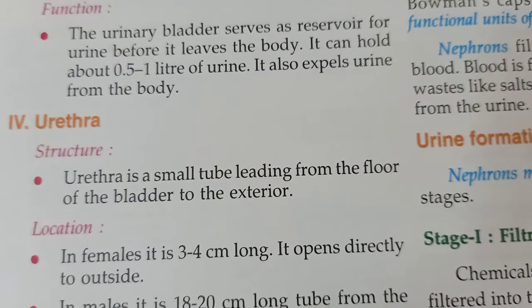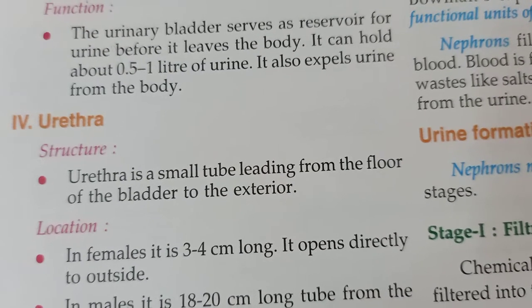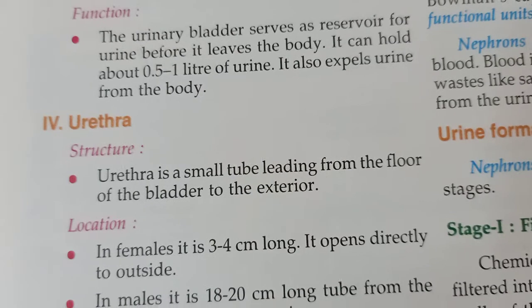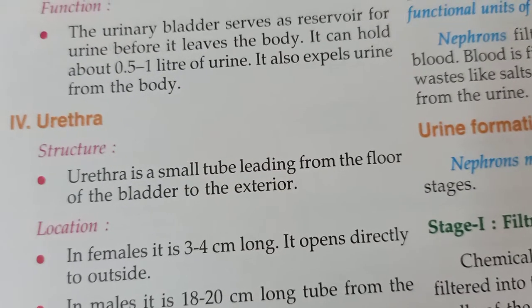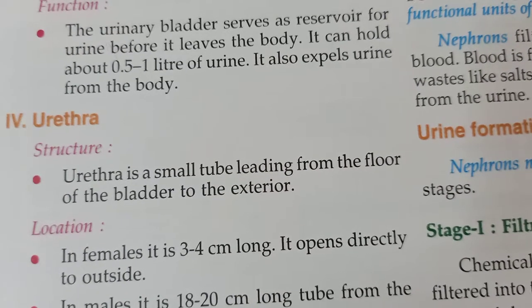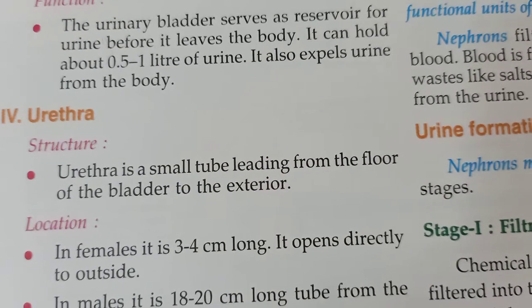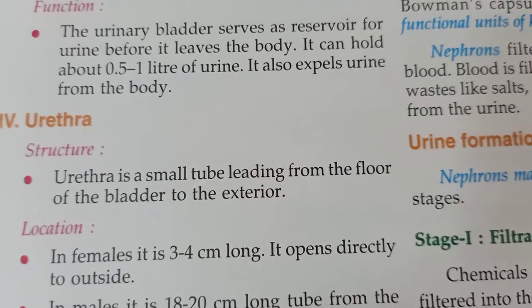So before the urine comes out from our body, it is stored in the urinary bladder, and it can hold about 0.5 to 1 liter of urine, and it also expels urine from the body. So this is the function of the urinary bladder.